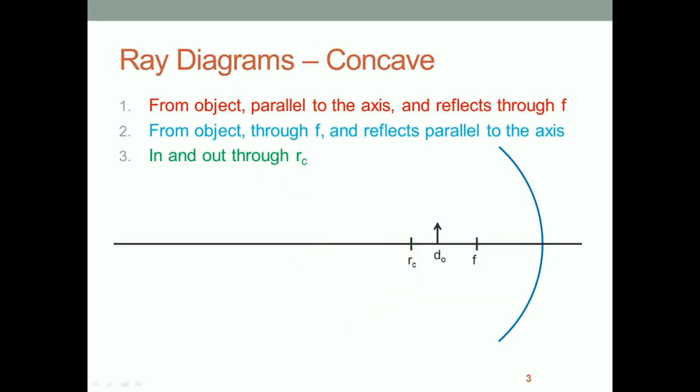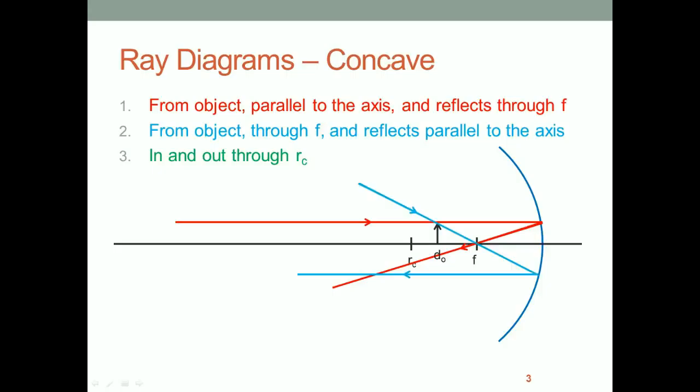For the next ray diagram, we're going to move the object inward. So now it's between the center of curvature and the focal point. First ray goes parallel across the top of the object, hits the mirror, reflects, goes out through the focal point. Second ray goes in, hitting both the top of the object and the focal point, and then turns at the mirror and goes out parallel.